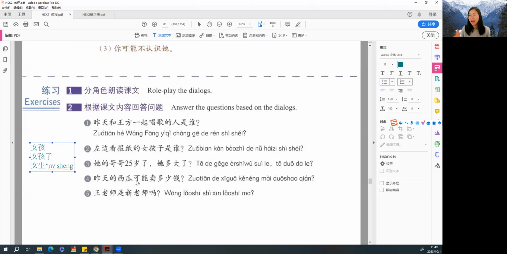昨天的西瓜可能卖多少钱？ So here maybe 可能, right? 卖多少钱？多少钱 is how much, 卖 is sell. So how much is yesterday's watermelon? Probably 3 yuan 50 cents. 3.5一斤。500 grams. 王老师是新老师吗？新 is new.